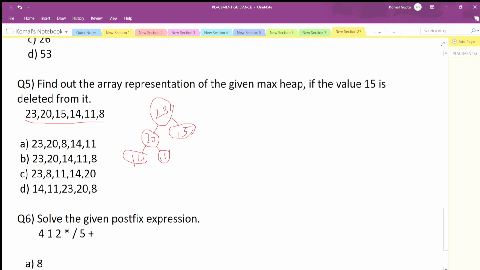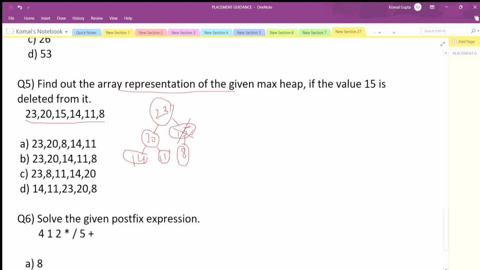We just have to keep these values like 23, 20, 15, 14, 11, and then 8. So now what they are saying, if this value 15 is deleted from this max heap, then what will be the array representation of this max heap.